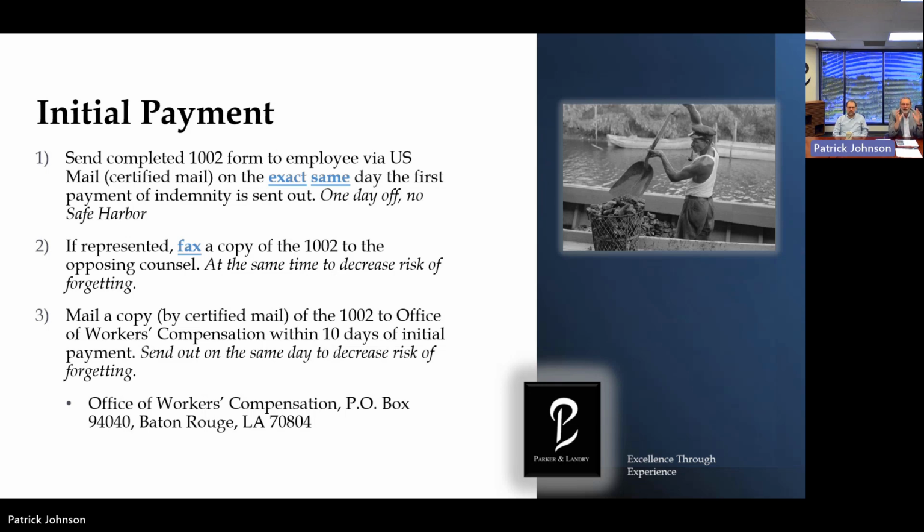You then take that form that is completed, it's compiled, and then what do you do with it? Well, you have to send it to the claimant. He's got an attorney, you have to send it to the attorney, and you have to send it to the workers' comp office. But you have to send it on the same day that the initial check was sent to him.